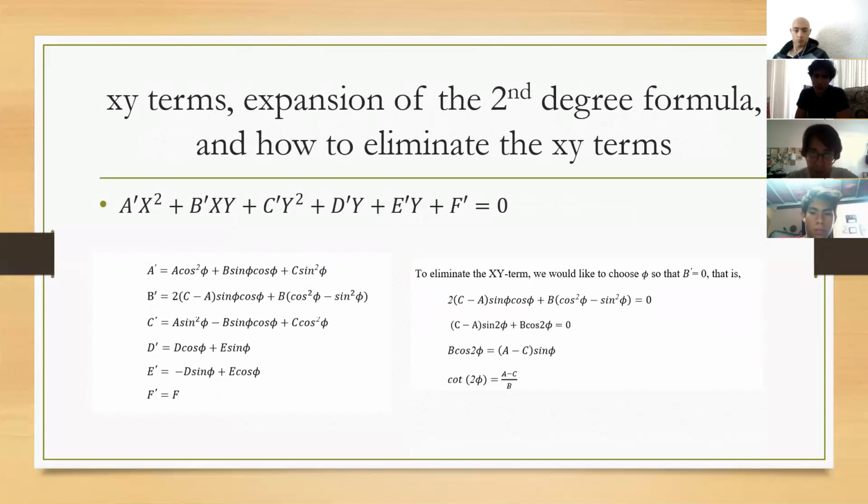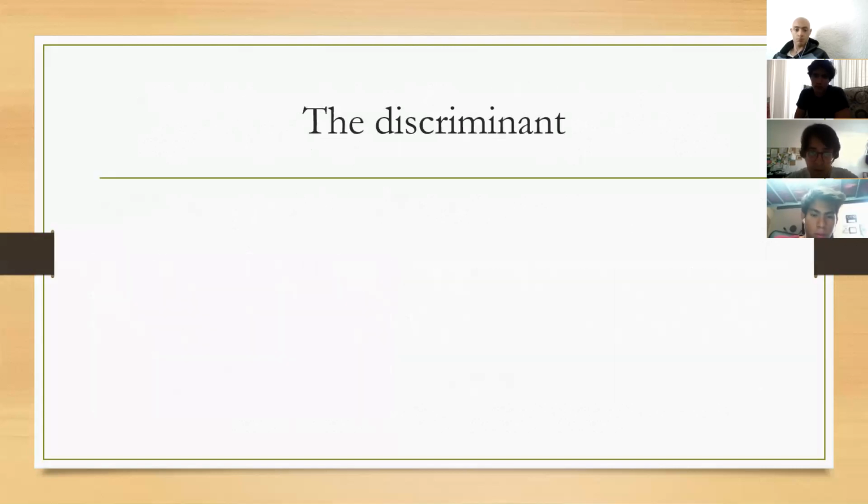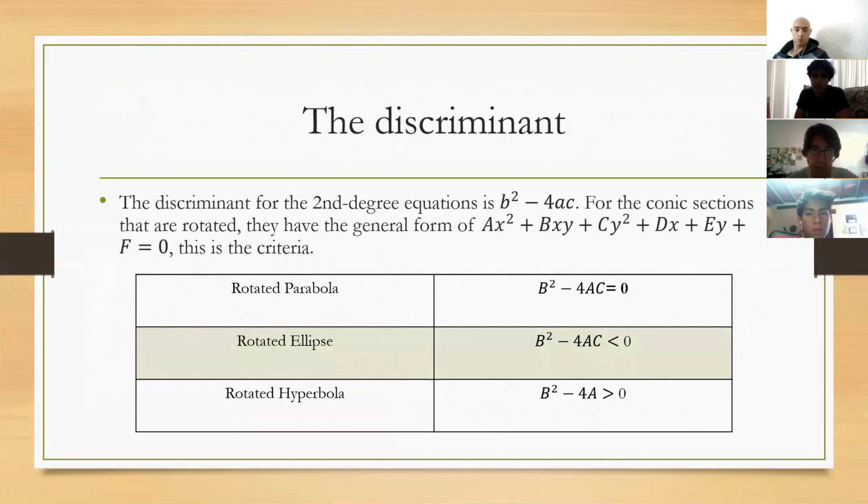To eliminate the xy term, we have to set the expression of b prime equal to 0. And then we obtain the following theorem, which states that the cotangent of 2 times the angle is equal to a minus c over b. The discriminant for the second degree equation is b squared minus 4ac.